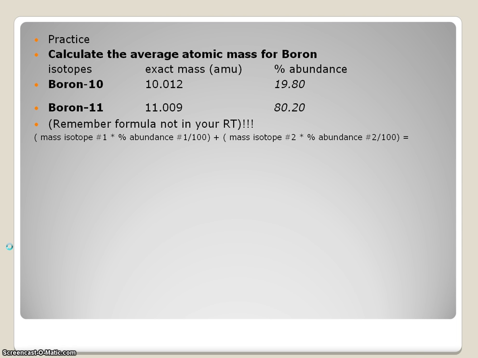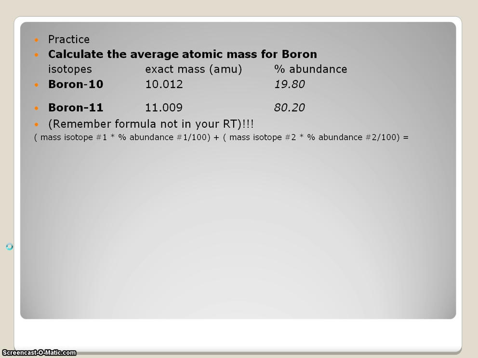So, take the mass of the first isotope, which is 10.012, multiply it by the percent abundance, and divide by 100. We divide by 100 because you can't multiply by a percentage. Okay, so 19.80 is a percentage, so that's why we divide by 100.